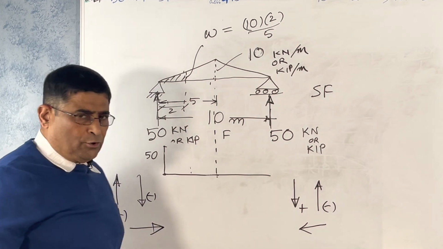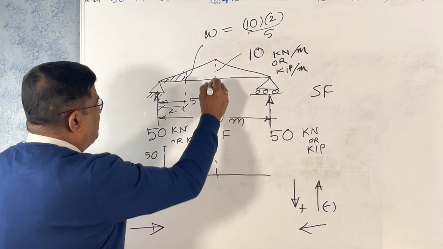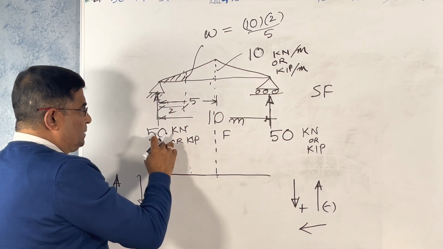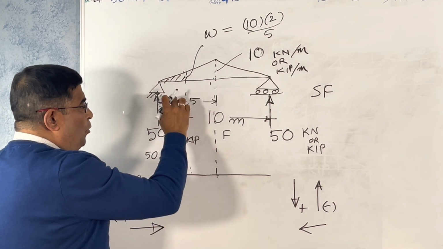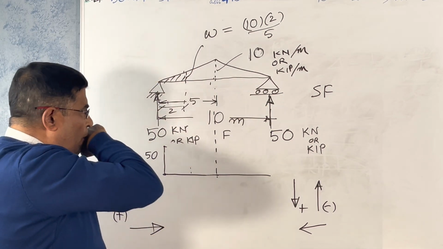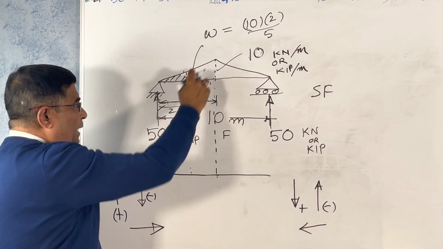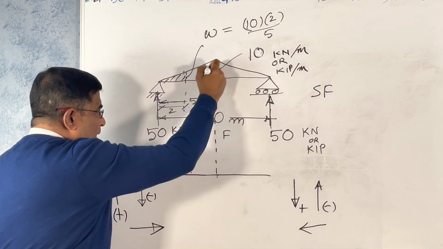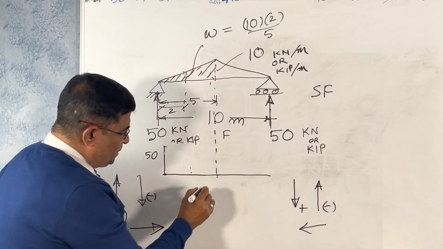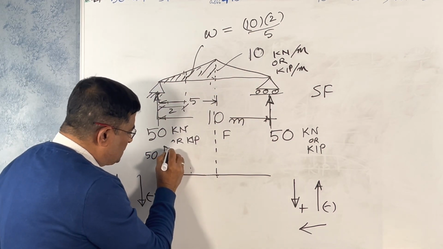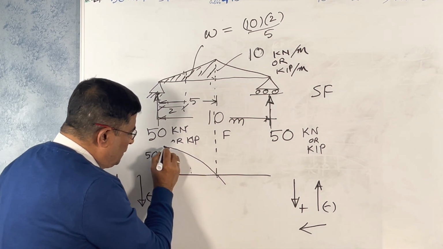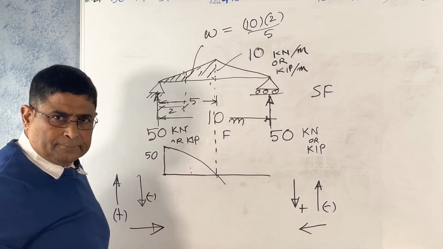Also, the shear force will be 0 here. Why? Because the total reaction is 50, right? How did we get the 50? Half of this area. This 50 and the total load of this triangle will neutralize each other, so it will be 0 here. So our shear force will be like this.